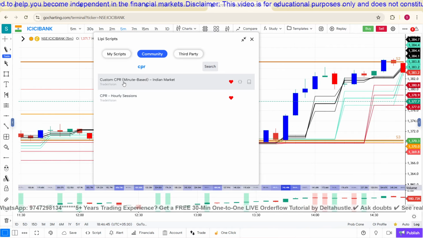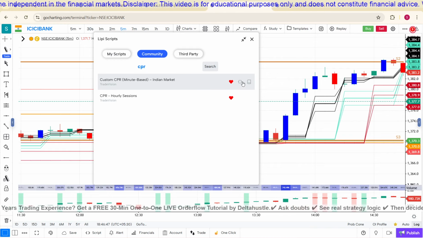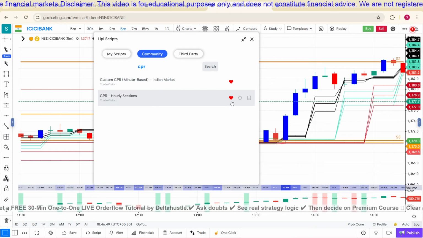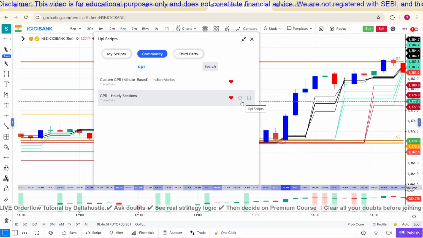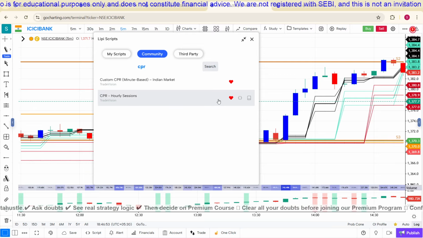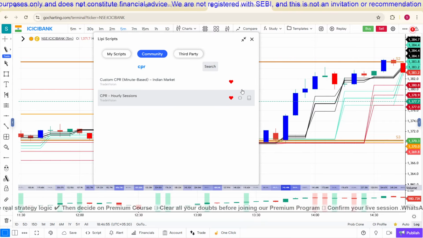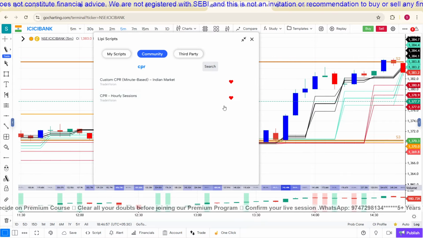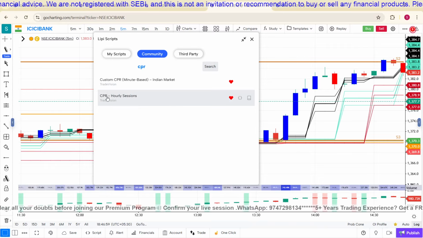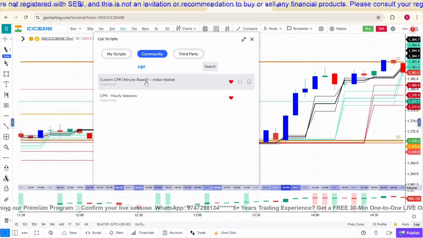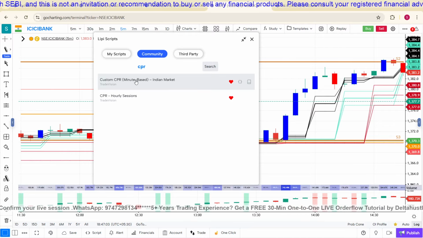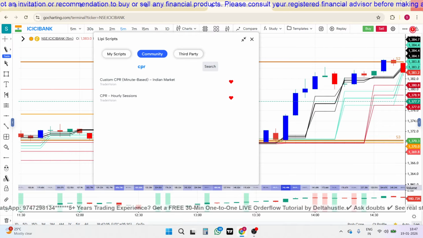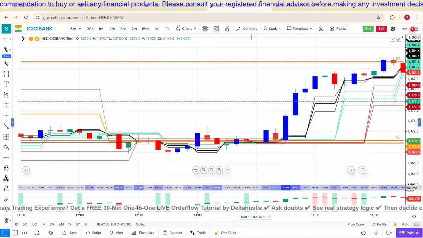It's a very good indicator. Custom CPR minute based is here, CPR hourly sessions. If you want a particular CPR on an hourly basis, multiples of 1, 2, 3, 4, 5, 6, like that, you can select this. If you want a minute based CPR, you can select this. In TradingView also it is available.